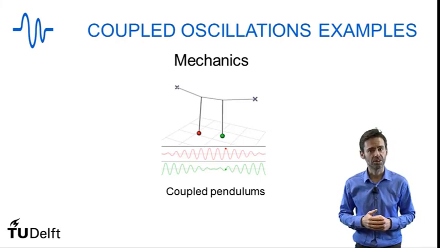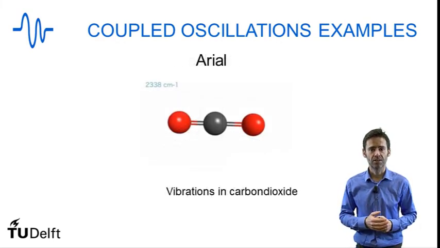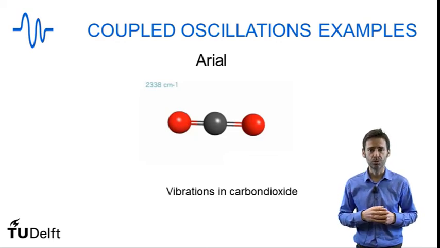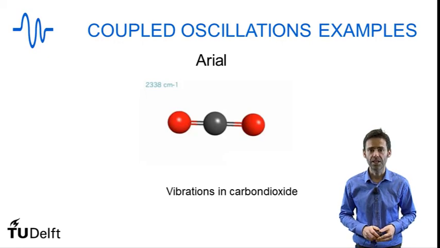This leads to a phenomenon similar to the beat pattern that I showed you. And also in chemistry, the coupling between the oscillations of the different atoms in a molecule leads to different kinds of oscillation modes that are important to understand the vibrations in carbon dioxide, which play a large role, for example, in the greenhouse effect.